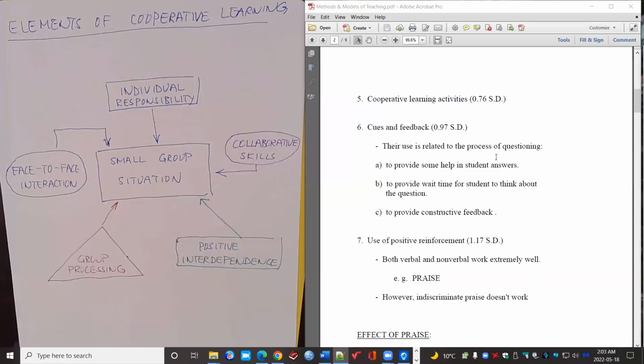So what I do here is to provide some help in student answers. You give them cues and feedback once the teacher asks a question, and provide wait time for the student to think about the question and to provide constructive feedback.